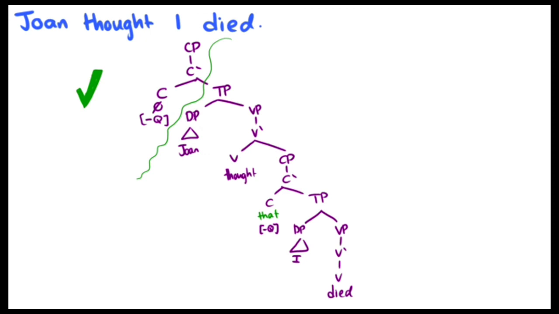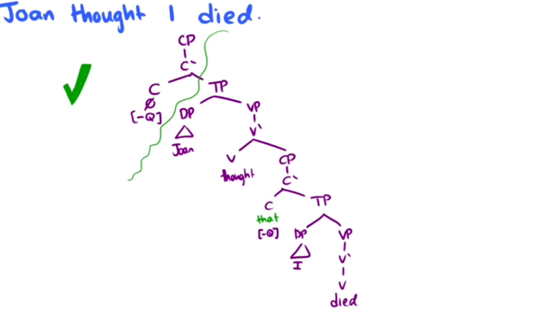But I will include the CP when we need it. When we don't need it, I'll get rid of it for the sake of space and to make things look nicer. But generally, when you draw your own trees, you always want to include the CP information on the main clause as well, okay?